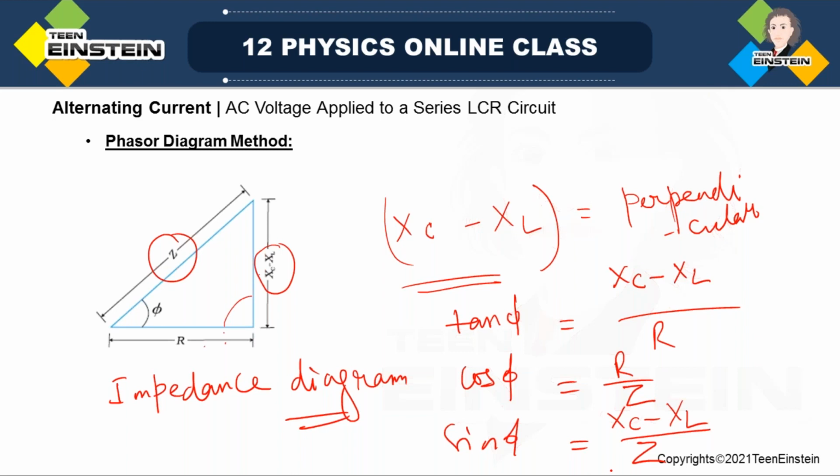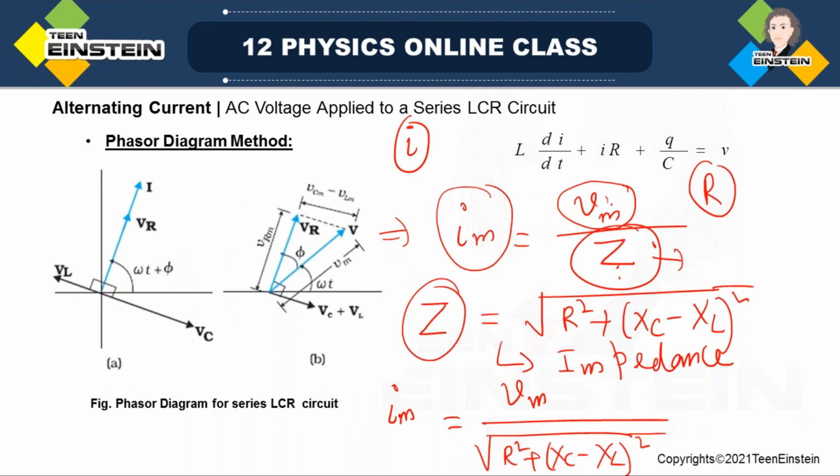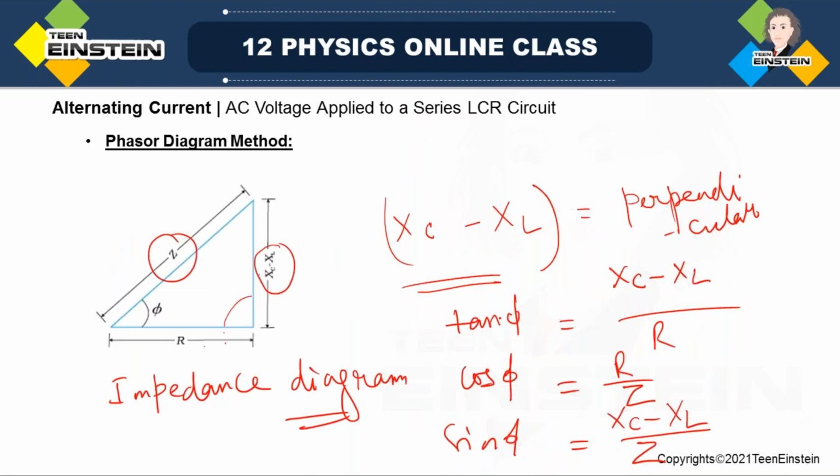These will again be useful in the analytical method of solution. So you have understood what we have got: the expression for the maximum amplitude of the current, and the phase relationship phi, which can be written as tan inverse of (XC minus XL) divided by R. Or you can write cos phi and sin phi similarly.